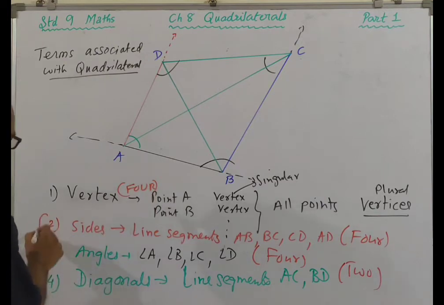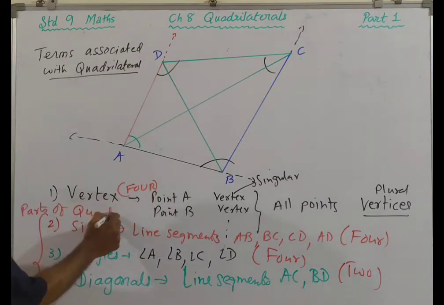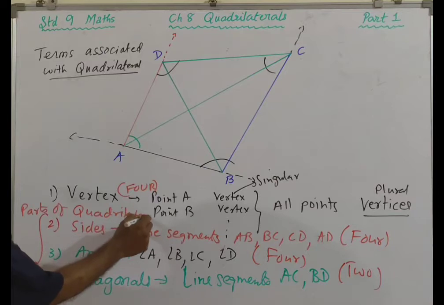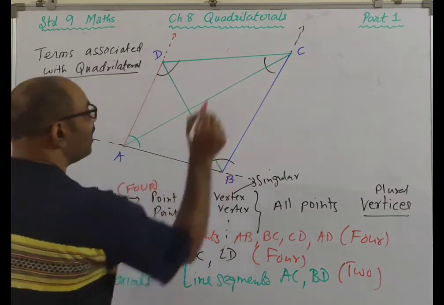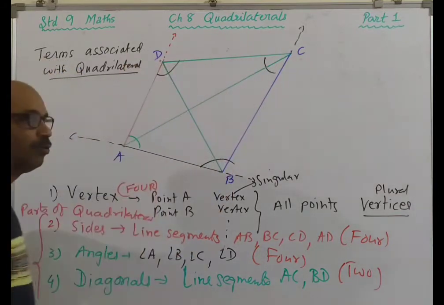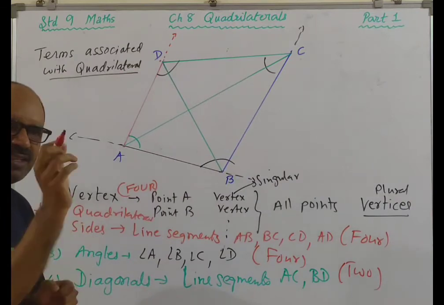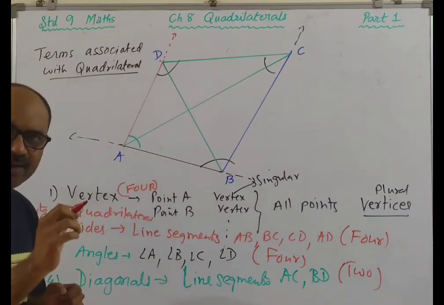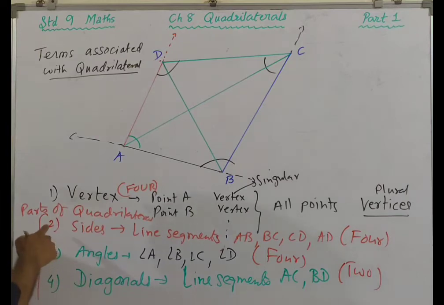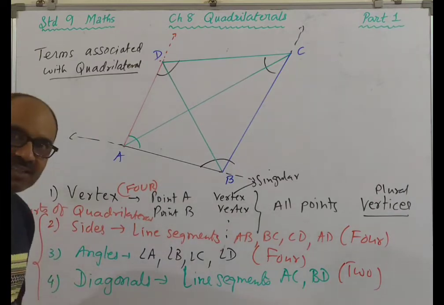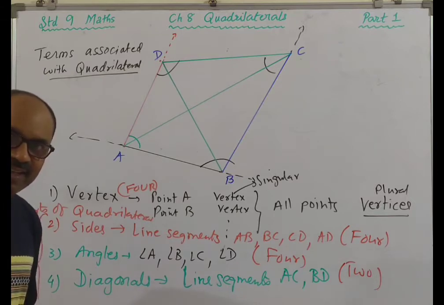Now when you talk about the parts of a quadrilateral, these points are not parts of the quadrilateral. We don't call them parts. It is just a single point, that's why it's not a part. But sides, angles and diagonals are called parts of a quadrilateral.